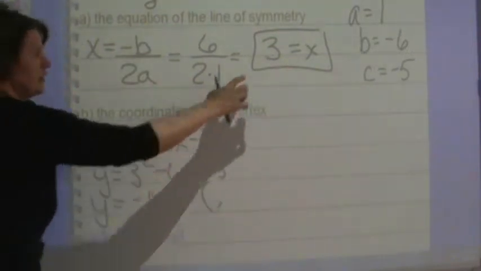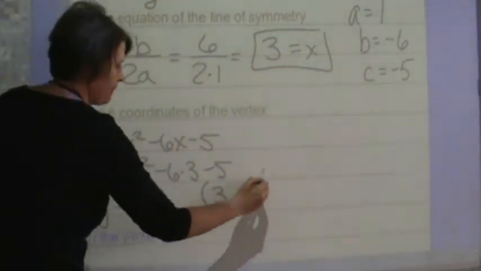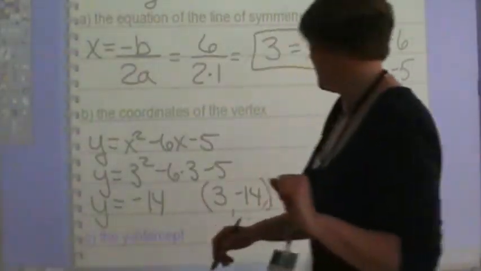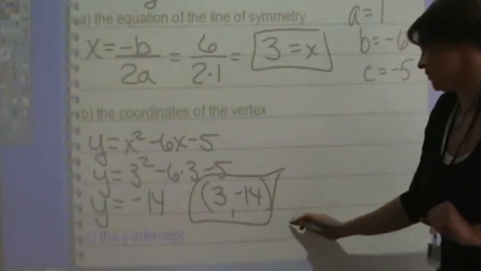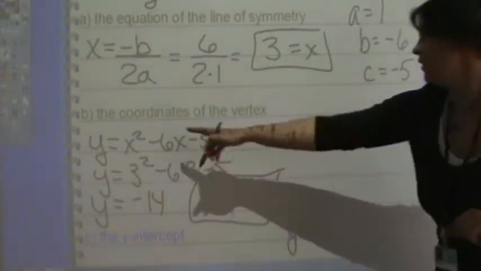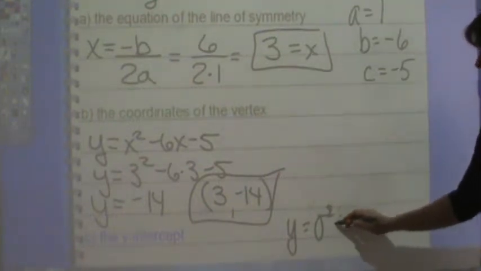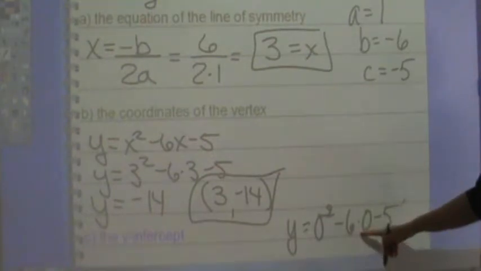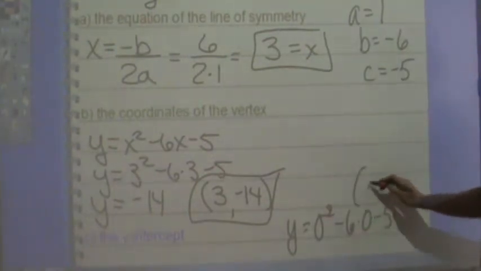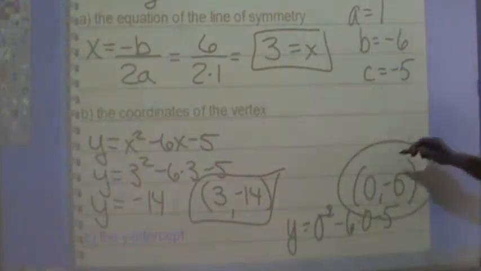So my vertex is 3, negative 14. That's our second answer. For our last one, wherever there's an x, I put in 0: 0 squared minus 6 times 0 minus 5. 0 minus 0 is 0, minus 5 is negative 5. So 0, negative 5.